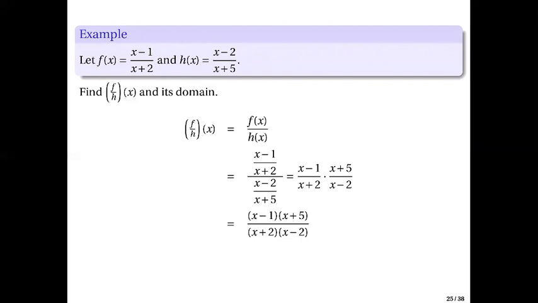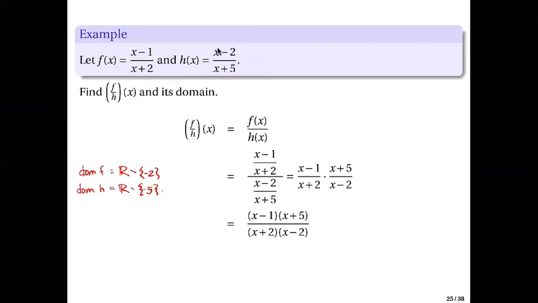So again, let me write here, domain of f, it's the set of real numbers except -2. Domain of h, it's the set of real numbers except -5. But now, your h of x is a denominator.